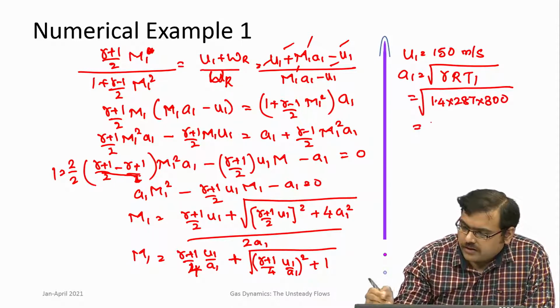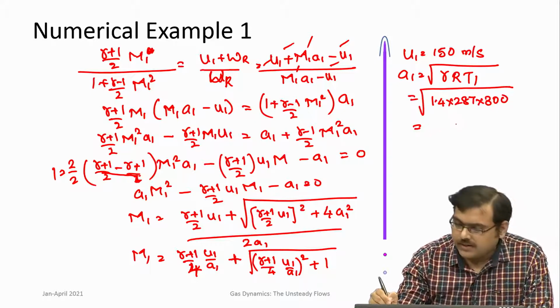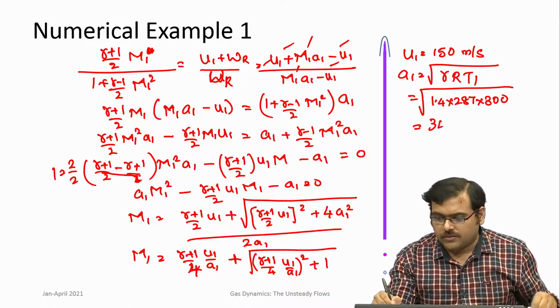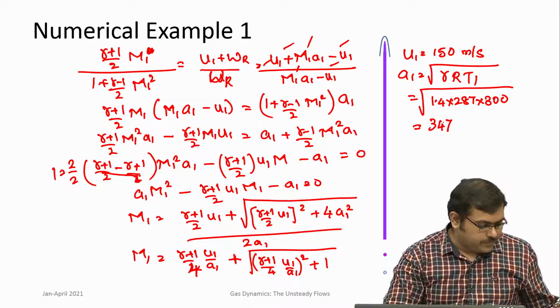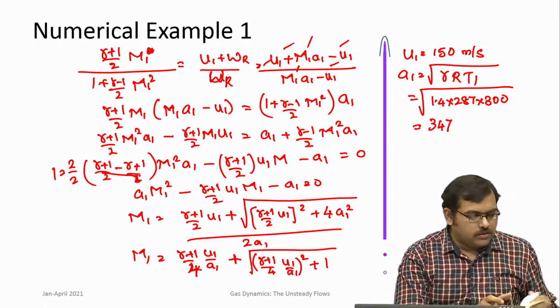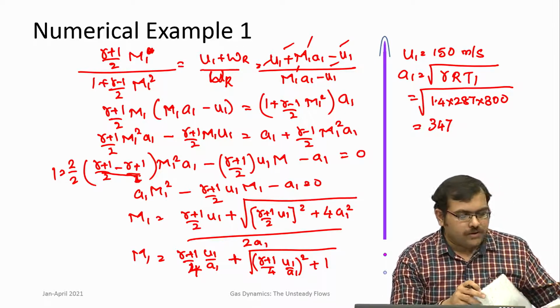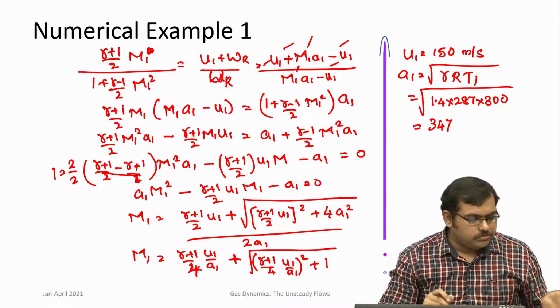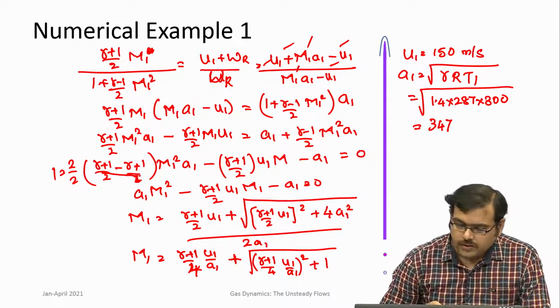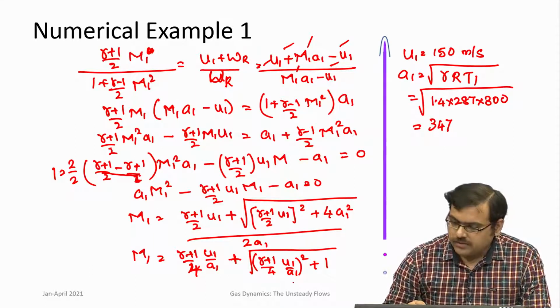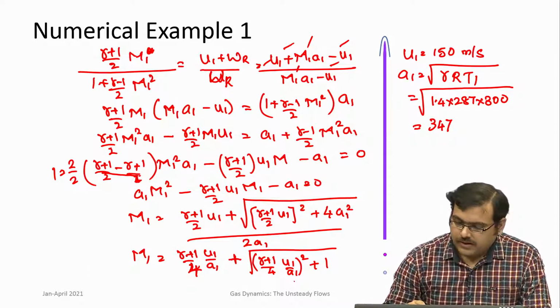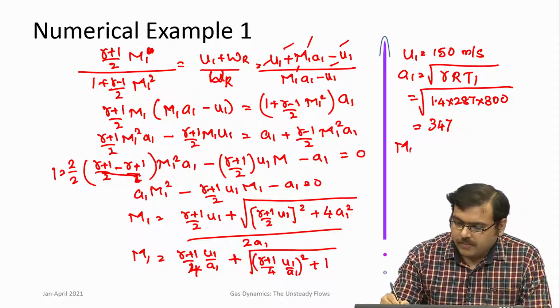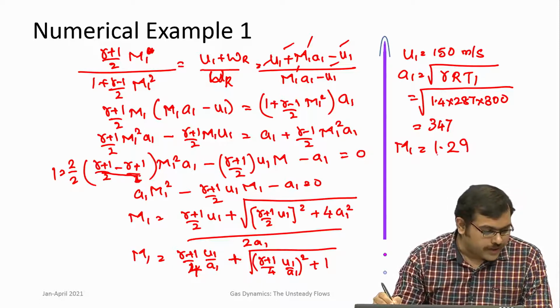This value is known, it should be 347, coming close to 347, and you can solve this now. You can substitute these values here and find out what is m1. M1 turns out to be 1.29.